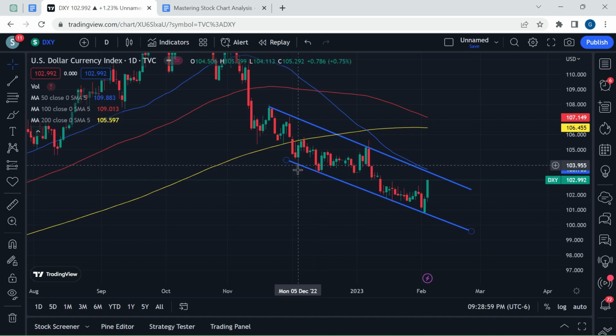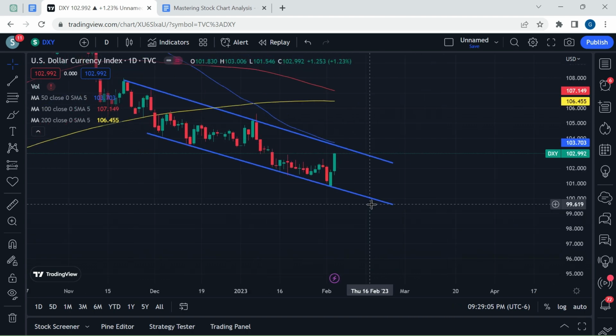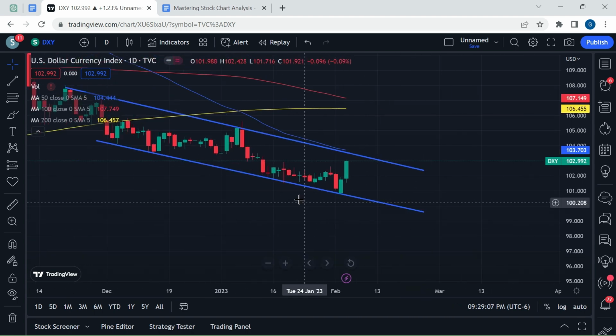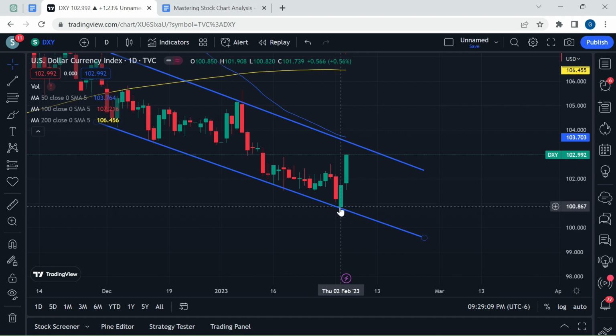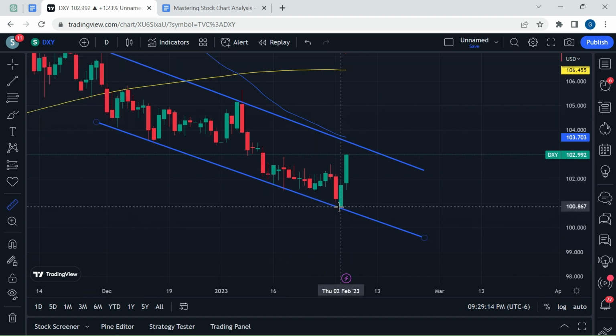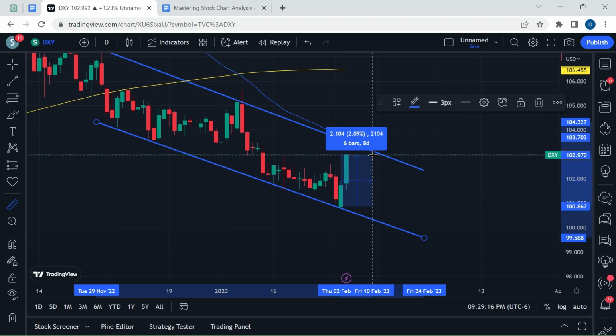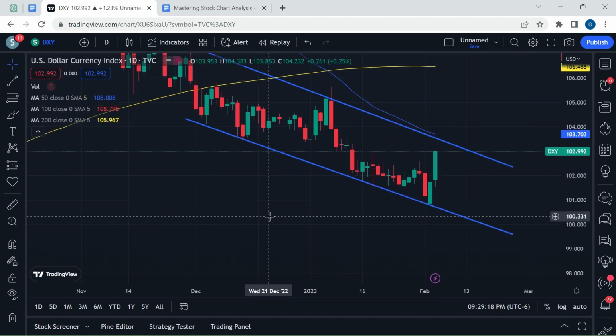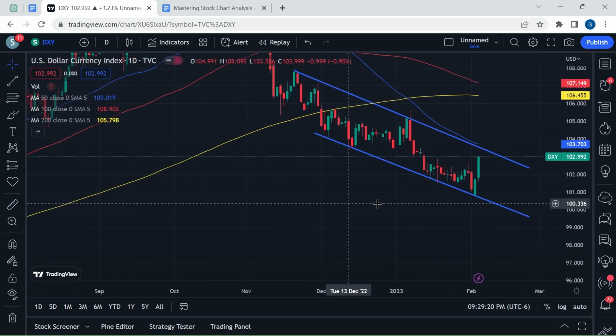We have lots of touches to this bottom support trend line. And when price came in here pretty recently, a couple of days ago, it actually bounced off that trend line, and it's now rallied about 2% just using trend lines.